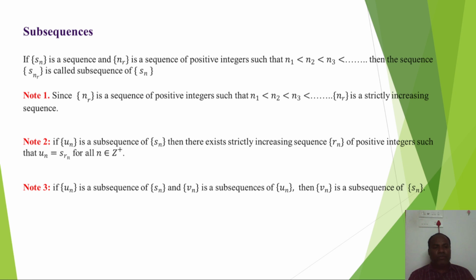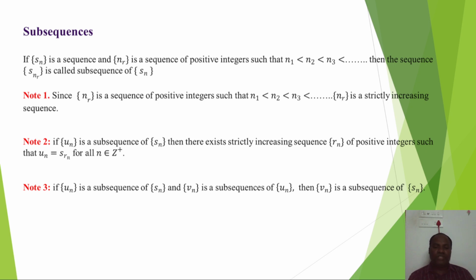Now we define some notes on sequences. This is an important theme of sequences. If Sn is a sequence and nr is a sequence of positive integers such that n1 less than n2 less than n3 and so on, then the sequence S(nr) is called a subsequence of Sn. This is the definition of subsequences. In note 1, since nr is a sequence of positive integers such that n1 less than n2 less than n3 and so on, nr is a strictly increasing sequence.